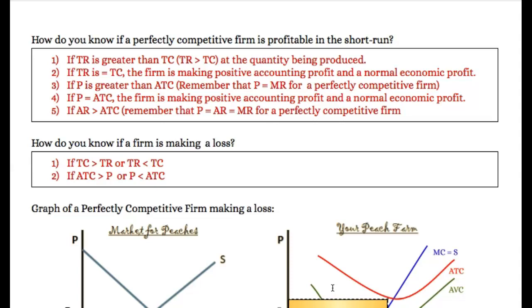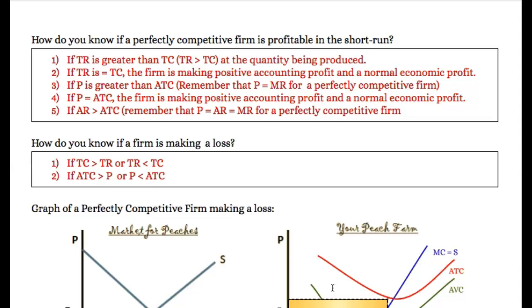If your price is equal to average total cost, you're making normal profit. If your average revenue is greater than average total cost, you're making a profit. If your average revenue is equal to average total cost, you're making normal profit. You get the idea here.